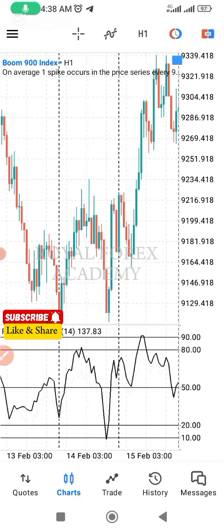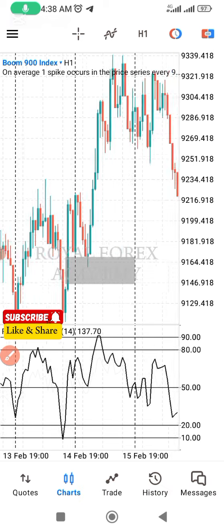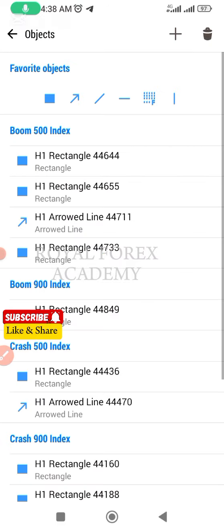And when price was going up, price left us here with a fair value gap. And true to it, price returned, tapped into that fair value gap. And boom. You see that push to the upside. This works. Another fair value gap here.